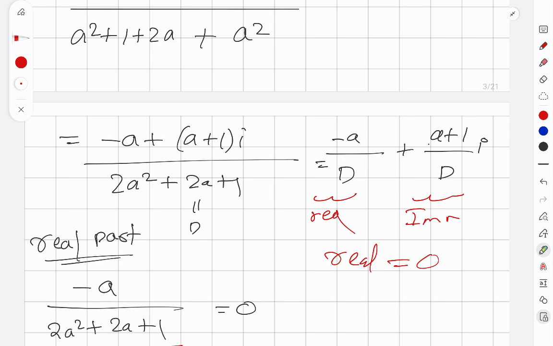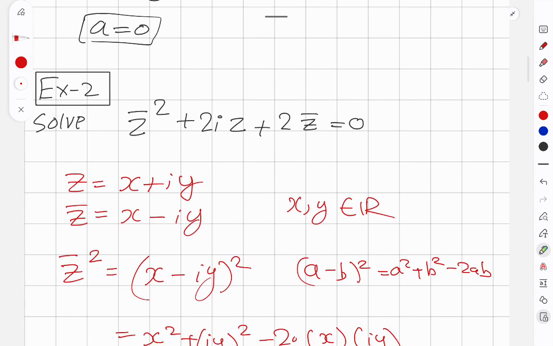So I have the real part and I can equate it to 0 for purely imaginary. That was the idea of the whole question. Okay. Understood.